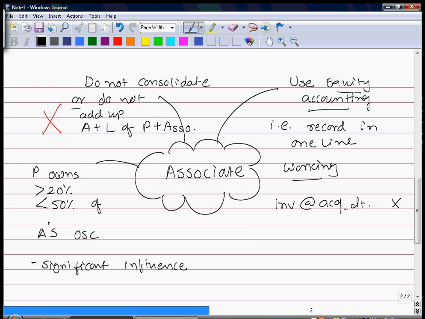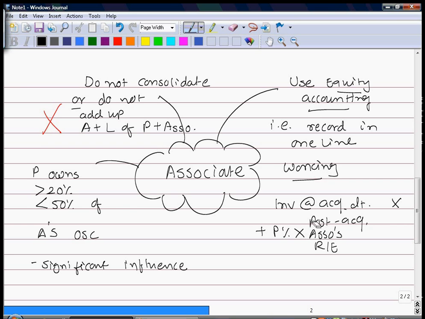You take the investment at that date, and then you add the parent's percentage in the associate's retained earnings. The parent will have a share in the associate's retained earnings which arose after the acquisition.